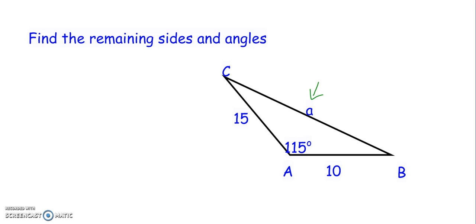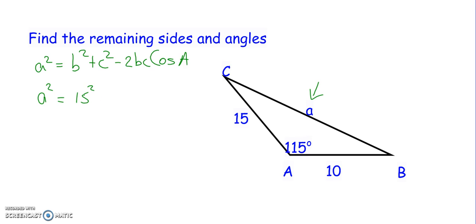We could use the formula that states a squared is equal to b squared plus c squared minus 2bc cosine a. So then it's just a matter of plugging in. I don't know a, we'll leave it as a squared, and now it's really just going to be 15 squared plus 10 squared minus 2 times 15 times 10 times the cosine of 115 degrees.